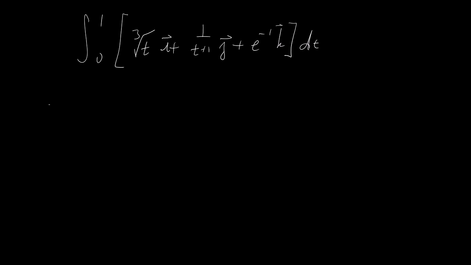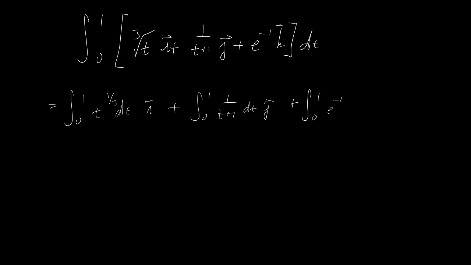So let's see here. This is the integral from 0 to 1 of t to the 1/3 power dt in the i direction, plus the integral from 0 to 1 of 1 over t plus 1 dt in the j direction, plus the integral from 0 to 1 of e to the negative 1 dt in the k direction.